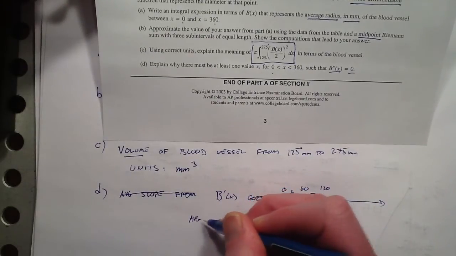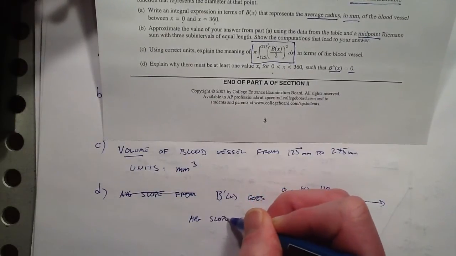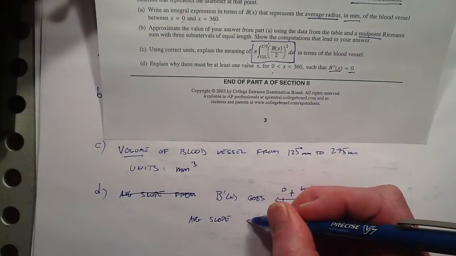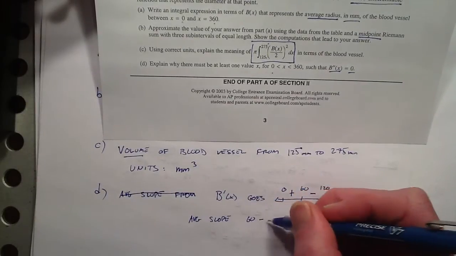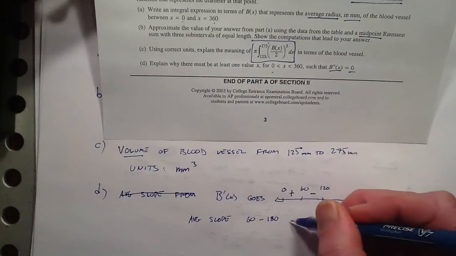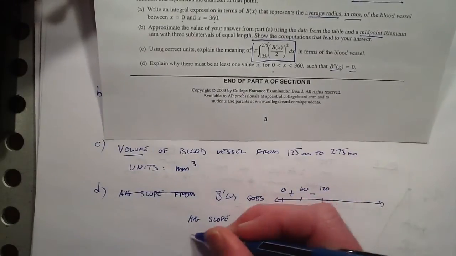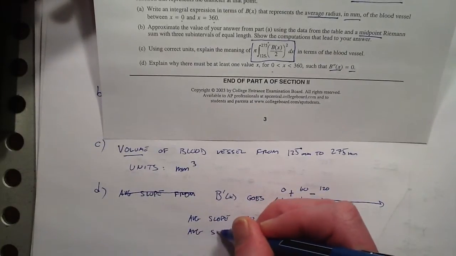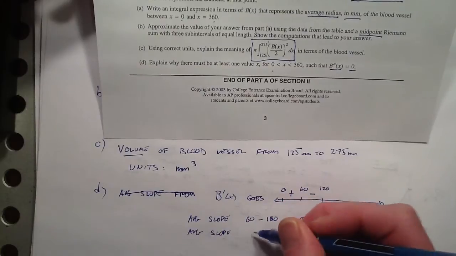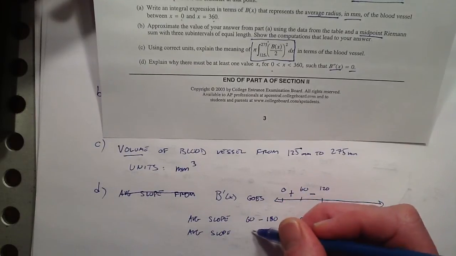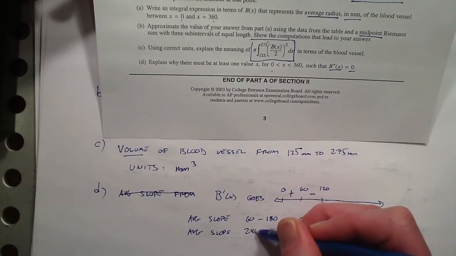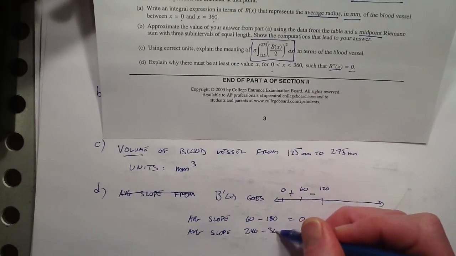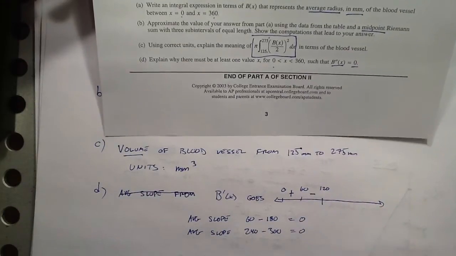So average slope from 60 to 180 is 0, and the average slope from 240 to 360 is 0.